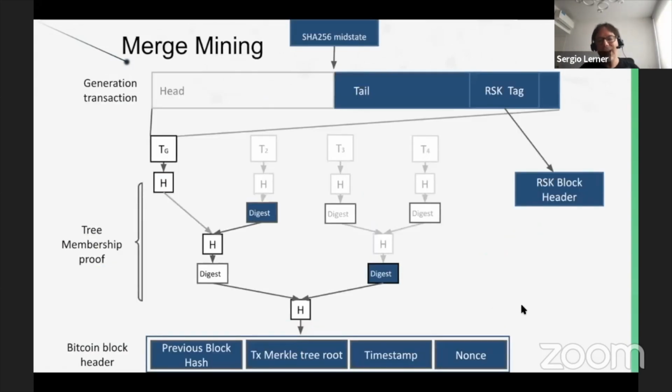So once you have this hash embedded in an RSK block header, you can create a merge mining proof that in a very succinct way allows you to prove that those things are connected. Like the Bitcoin header is connected with the RSK block header in a univocal way, right? So you need a tree membership proof, a Merkle inclusion proof. You need a SHA-256 mid-state, the tail of the Coinbase transaction, and a lot of pieces.